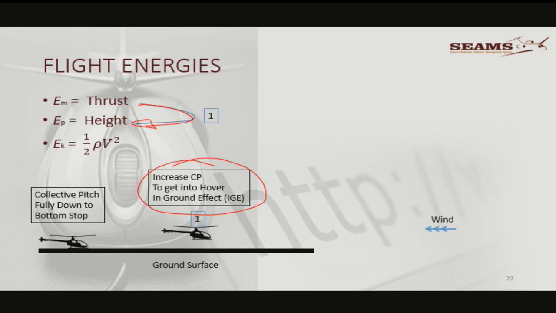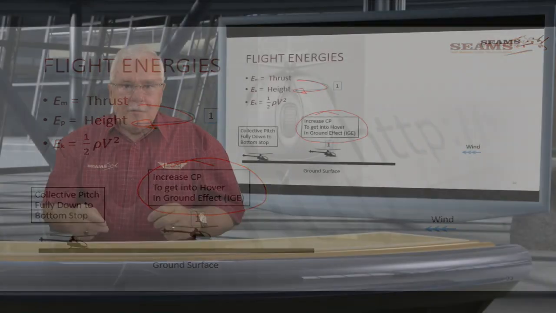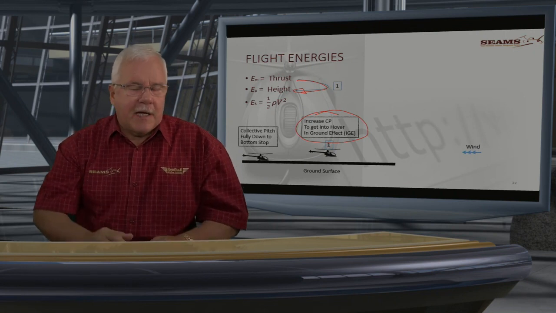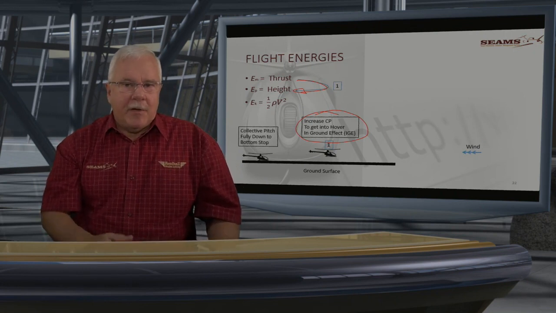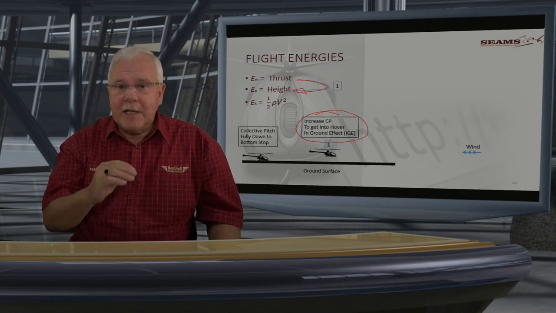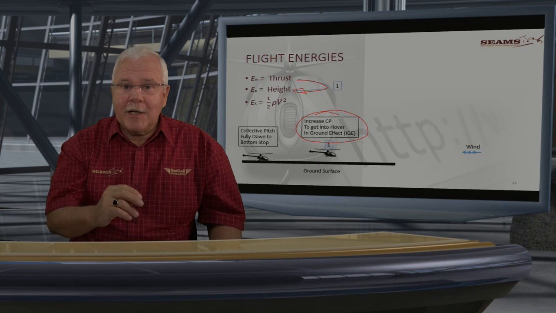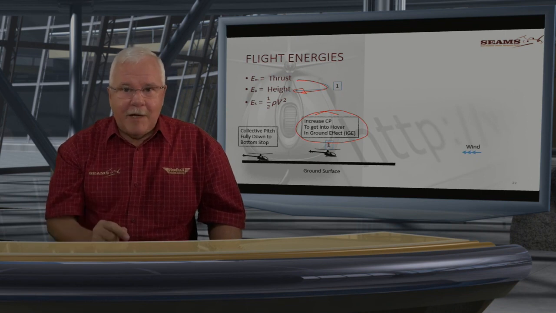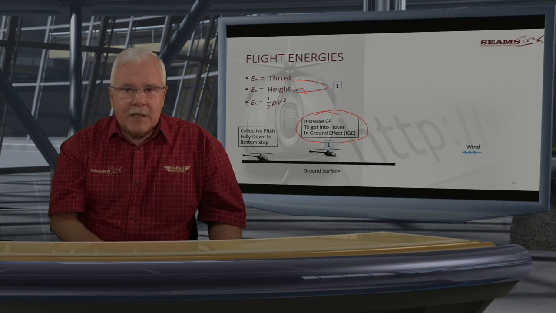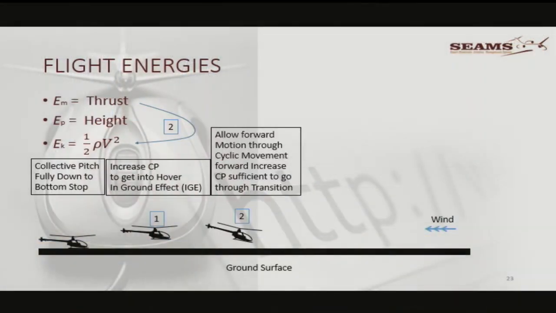We used the first amount of energy, mechanical energy, to get that little bit of potential energy, which in many cases in the hover could be 3 feet, 6 feet, 10 feet, 12 feet, whatever, depending on the size of the helicopter. Remember that in-ground effect is what we're talking about, also a safe height, so that if you get an engine cut in the hover, you can survive the landing in a single engine, well, obviously in a multi-engine as well.